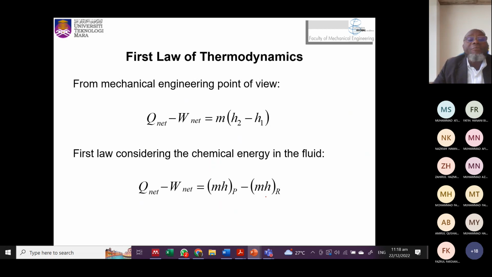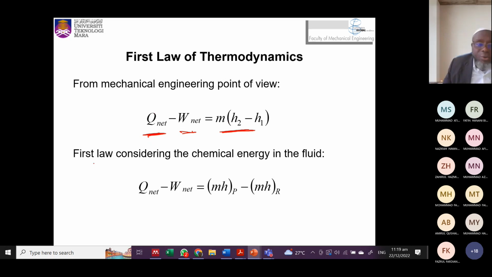Now, looking at the first law of thermodynamics, we all know this equation already; it is very familiar. From the first law of thermodynamics, the net heat added to a system minus the net work equals the change in internal energy of the system. This is for a control volume system.